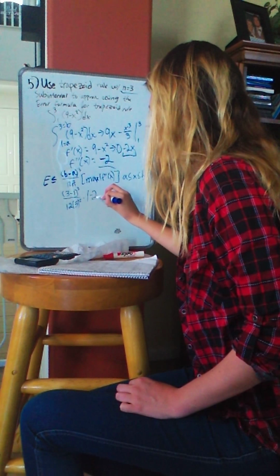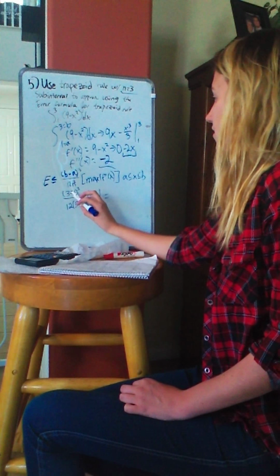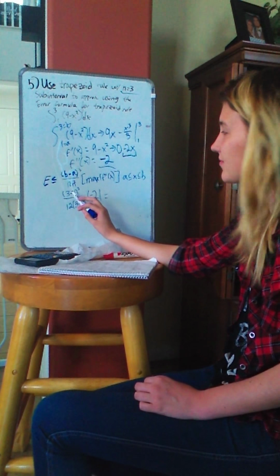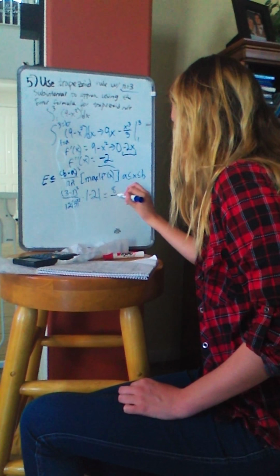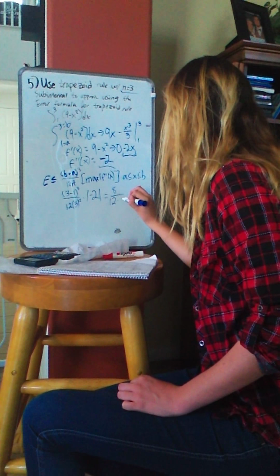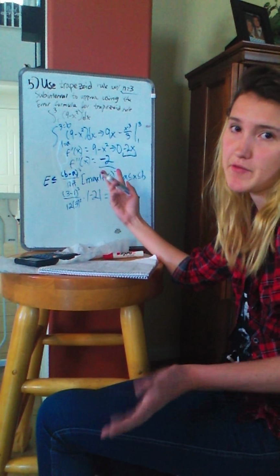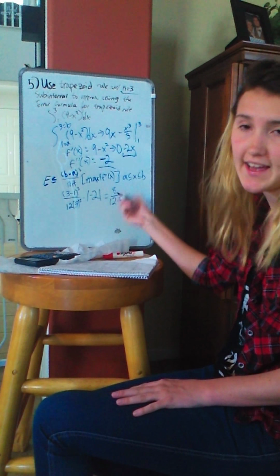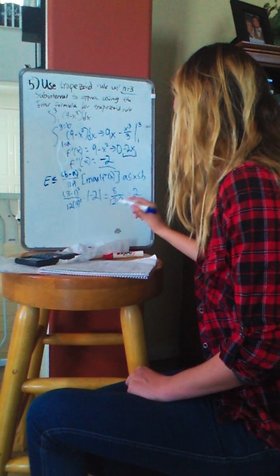So absolute value of negative 2, that's going to be 2 cubed, which is 8, over 12 times 9 times 2, because absolute value. So since it's negative, the absolute value of it is going to be positive 2.